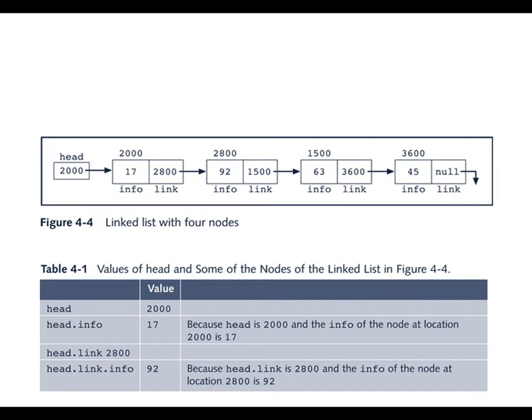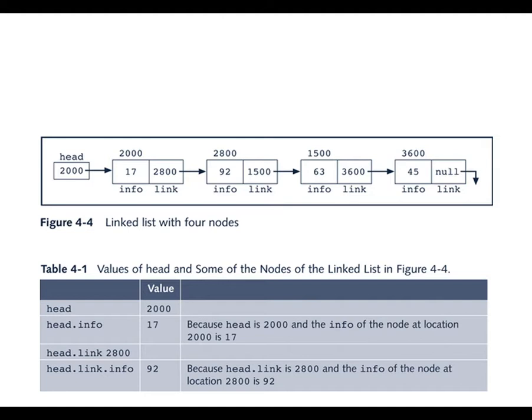To help you better understand the concept of a linked list and a node, some important properties of linked lists are described next. Consider this figure, Figure 4-4. This linked list has 4 nodes. The address of the first node is stored in head, that is 2000.